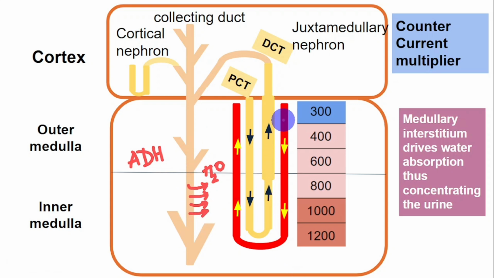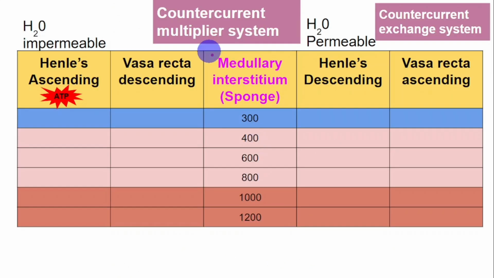So now let's focus on the countercurrent system, how it works. The aim of countercurrent system is to establish a concentration gradient in the medullary interstitium. So you need to provide ions here. The source of the ions is the ascending limb of Henle. So ascending limb of Henle has an ATP driven pump.